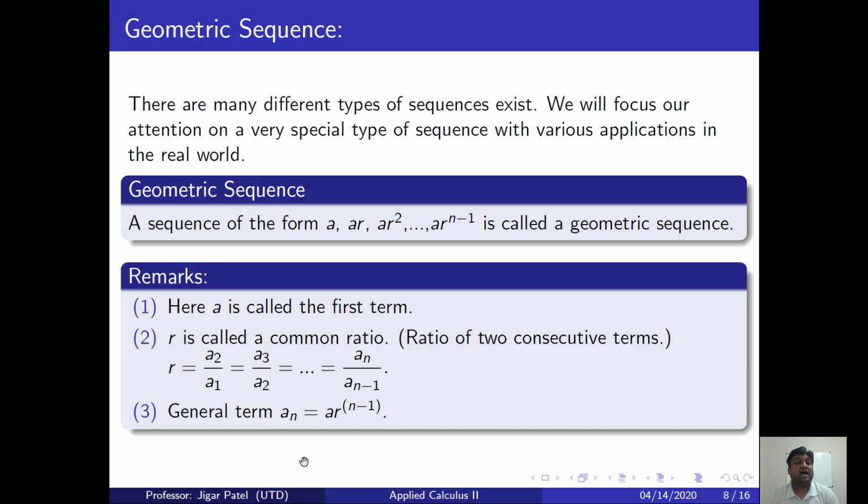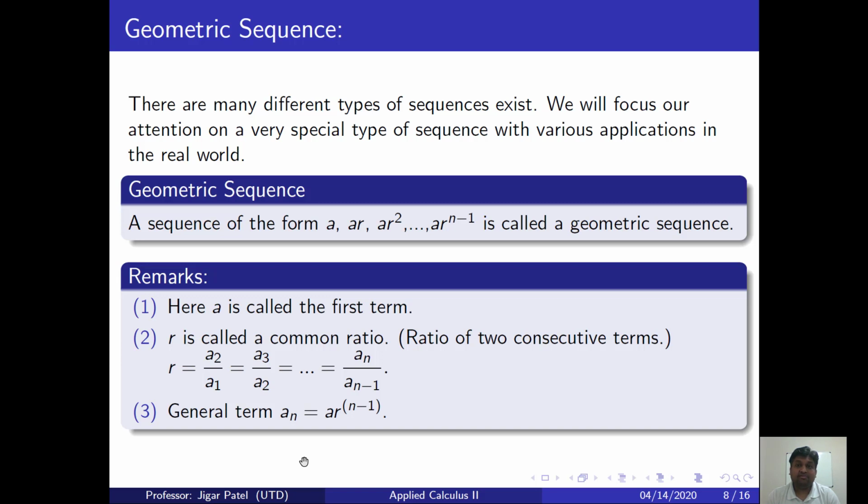Okay, I would like to give you one more interesting result associated with geometric sequences. Right? And this result discusses how to add the first n terms of a geometric sequence. Alright, this is again a shortcut for adding the first n terms of a geometric sequence.